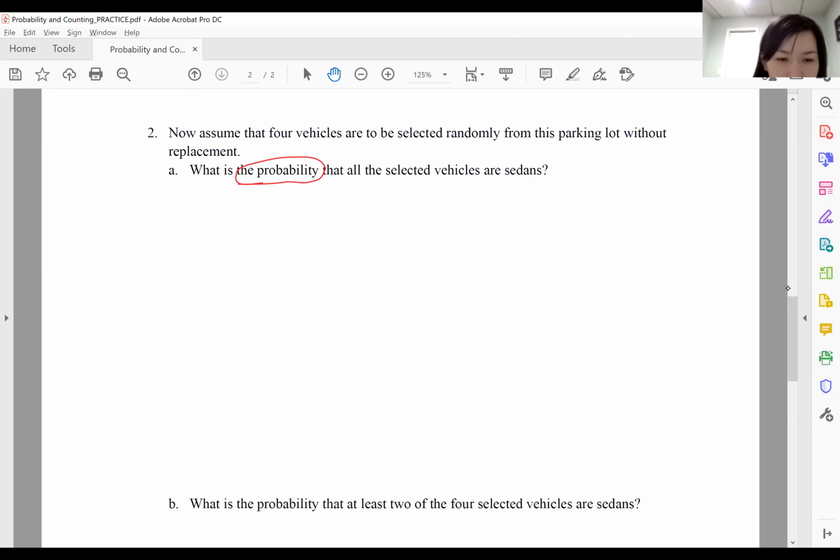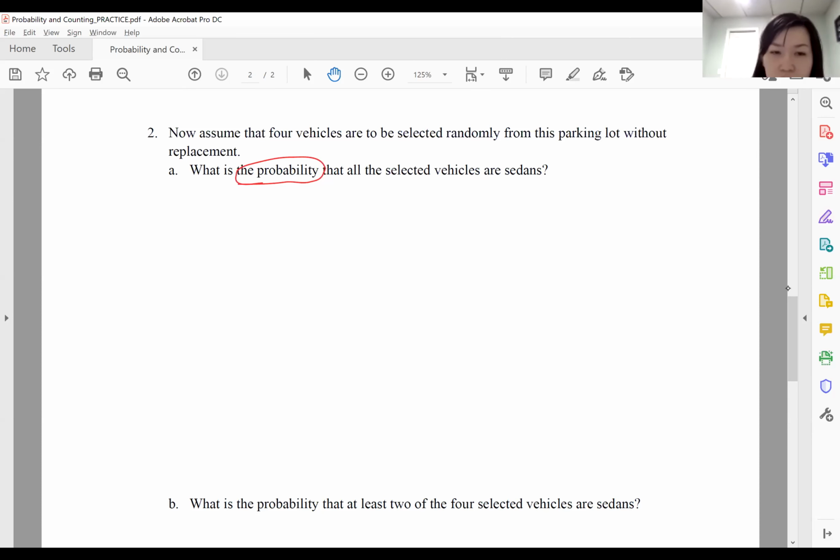My first question is, how many vehicles are there in the parking lot? 140. Does everybody get that?